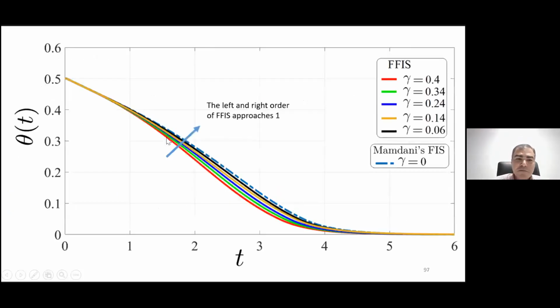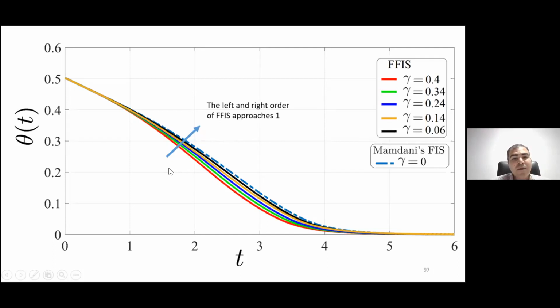For example, this is the output of the controlling of an inverted pendulum system by the fractional fuzzy inference system in some modes. There are some modes of fractional fuzzy inference systems, and as you see, this arrow shows the direction of the order of the fractional fuzzy inference system approaching 1.